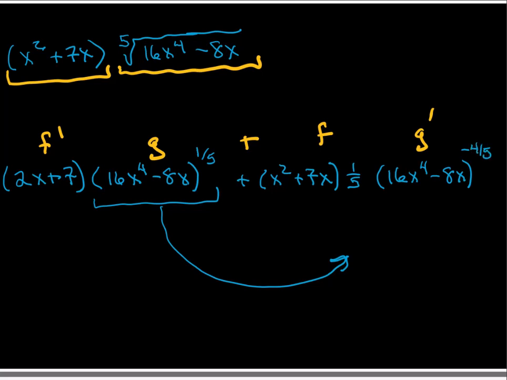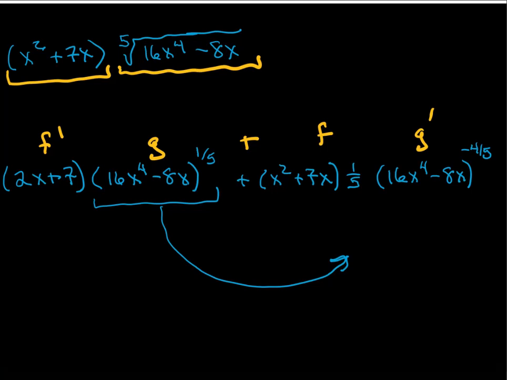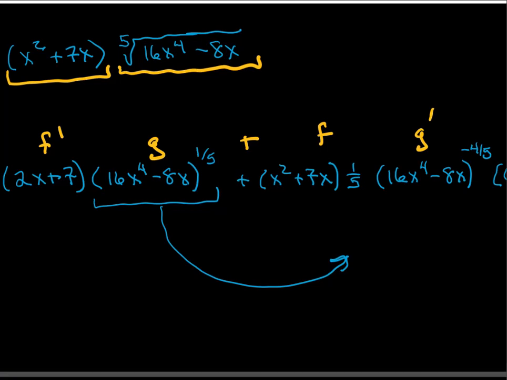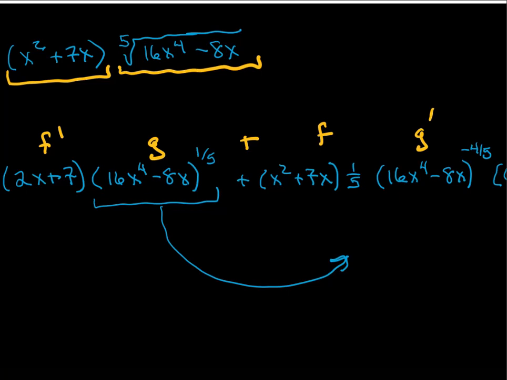Okay, so we've got that done. We're done now, right? No, we got to also take the derivative now of the inside. So 16 times 4 is 64, x cubed, and the derivative of 8x is 8, and there you have it, done.